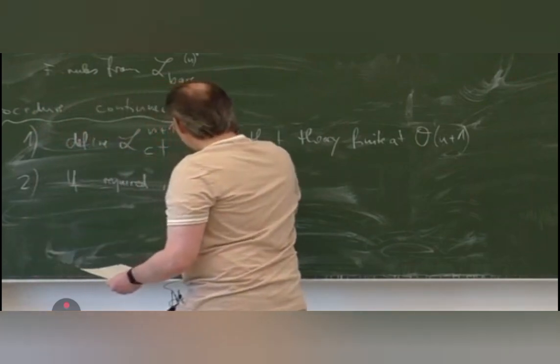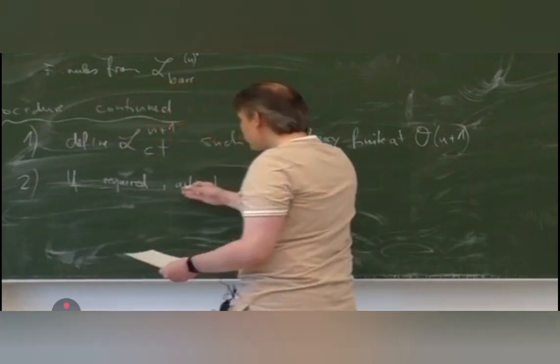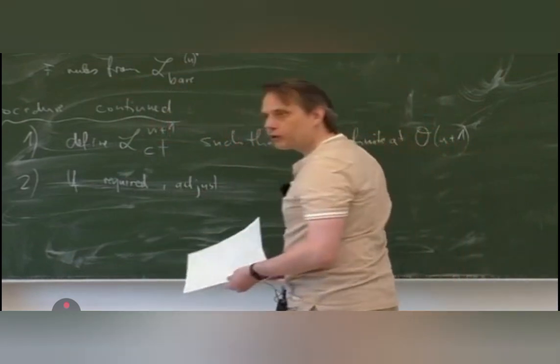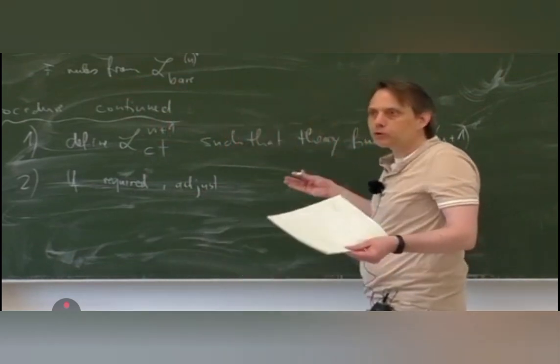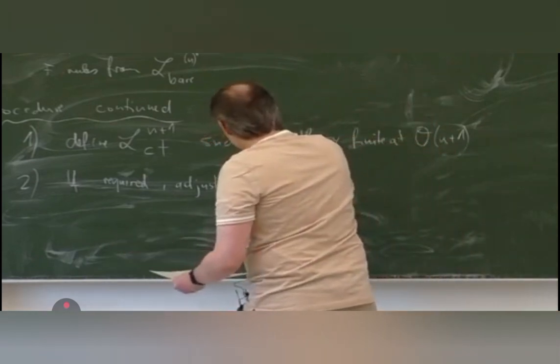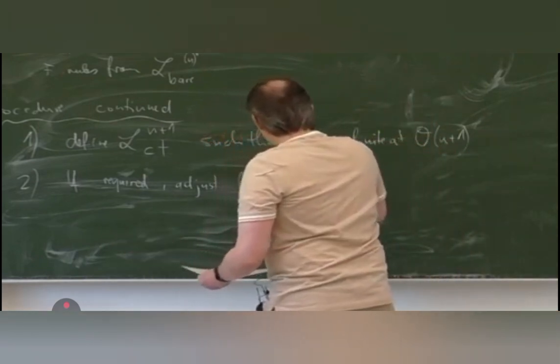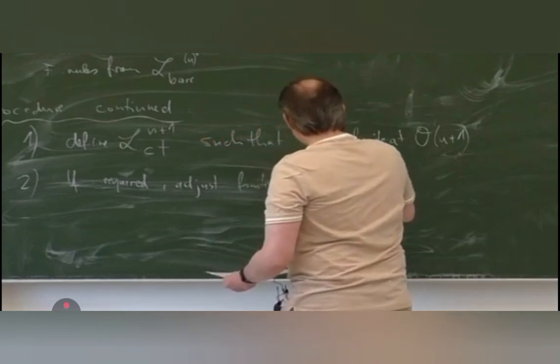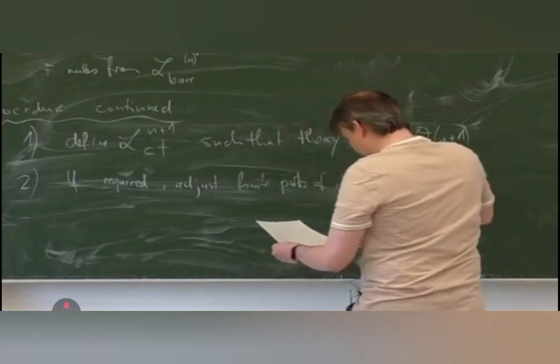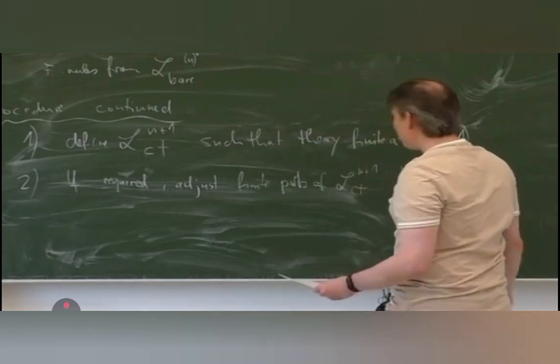Adjust, and adjust is always required, so you fix what the finite parts are, and even setting them to 0 would also be one way to fix the finite parts. So adjust the finite parts of L counter term n plus 1 to achieve two purposes.